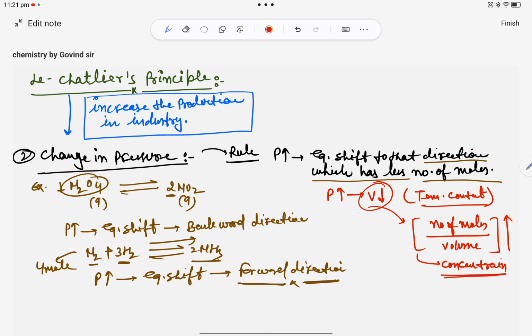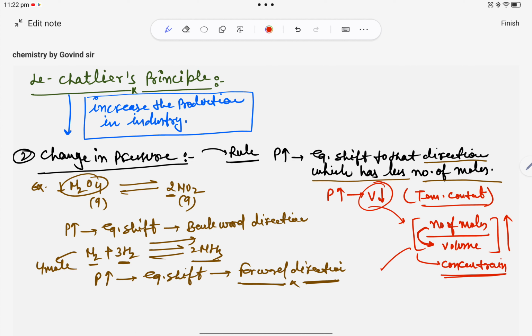Although there is no increase in the number of moles, if volume decreases, then concentration, which is the number of moles per unit volume, increases. The same number of moles are present, but they feel like the volume is compressed. So the number of moles per unit volume increases. That is why I am saying concentration increases.